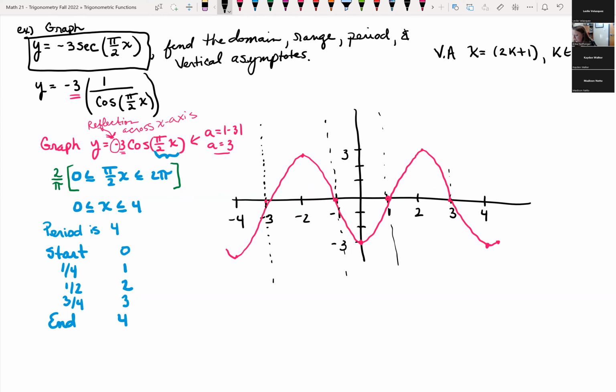So our graph can never cross a vertical asymptote. And then based off of our maximum and minimum values of this cosine function we just graphed, we can get the graph of this secant function. And those are going to be either the max or the mins of this secant function.